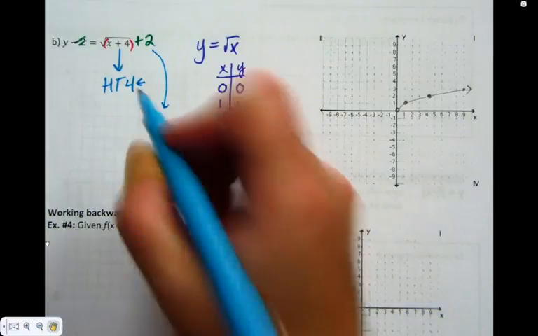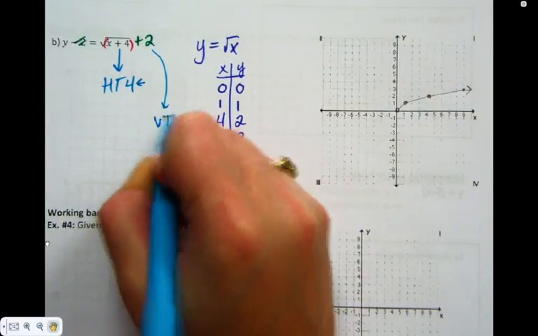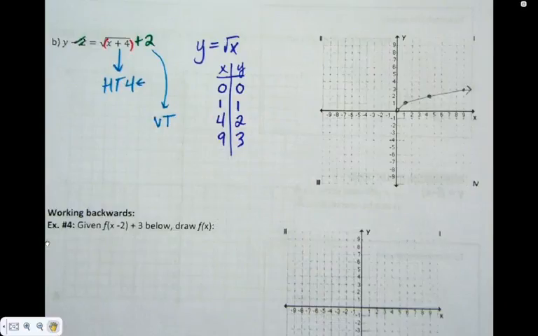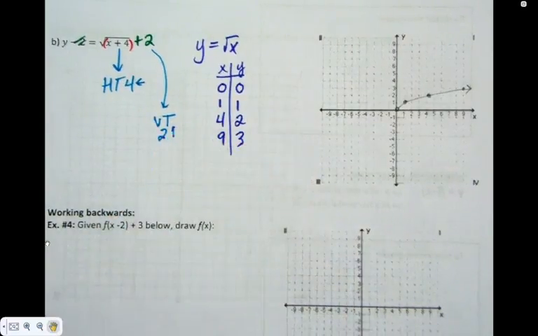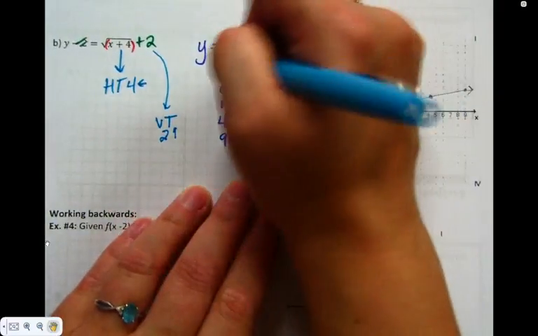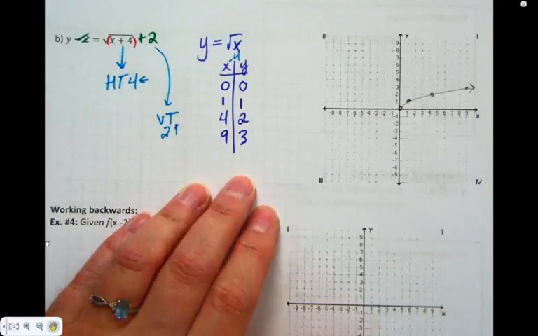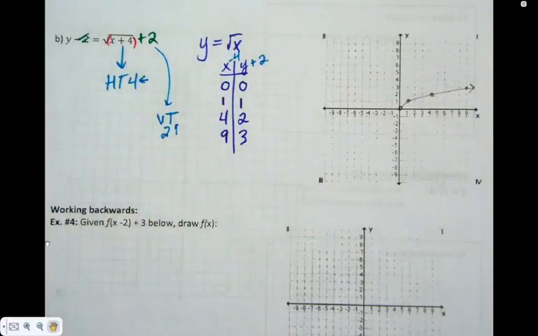So that makes it a vertical translation. 2 units up. If you like working with the coordinates, it means you are subtracting 4 from x because you're going to the left, and you're adding 2 to y because you're going up. Okay, so if you want to do that, I'm just going to give you a minute to figure out what those new coordinates are.